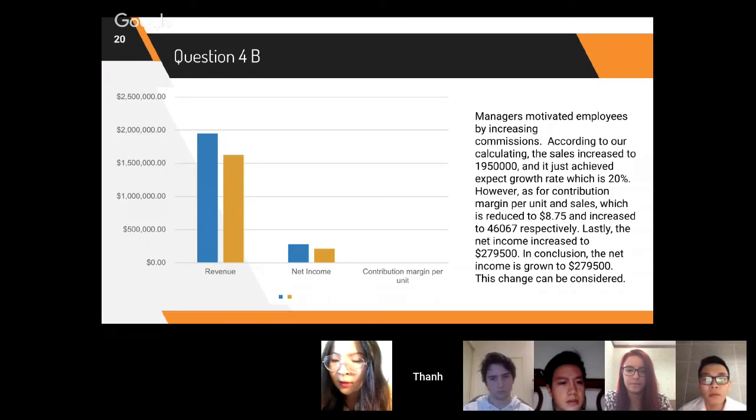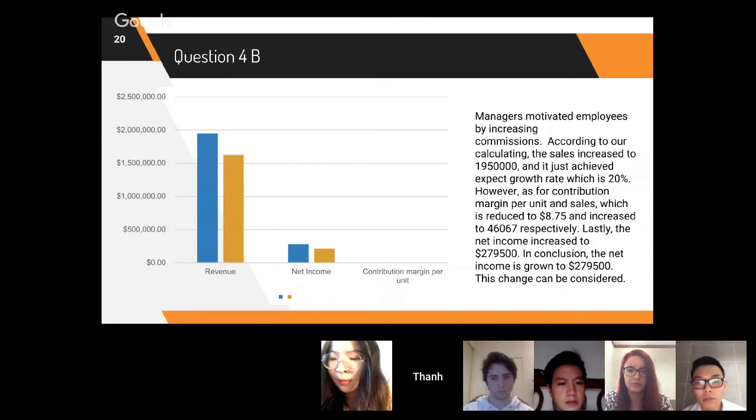Managers motivated employees by increasing the commission. In conclusion, the sales income increased to about $1,900,000, and it just achieved the expected growth rate, which is 20%.